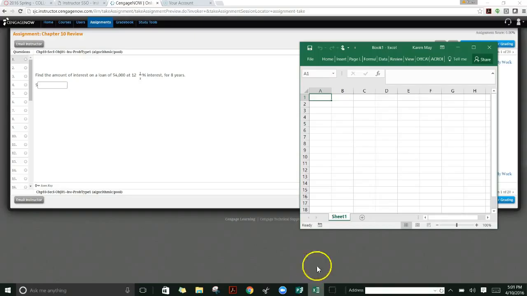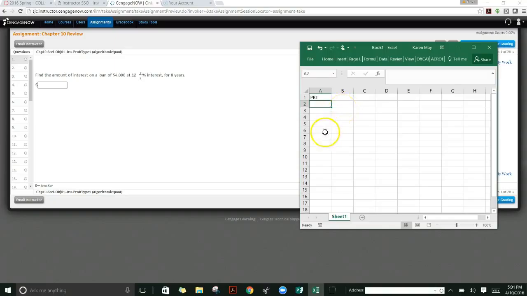Simple interest is a pretty simple formula that is just PRT, principal times rate times time, with time always being stated in years.